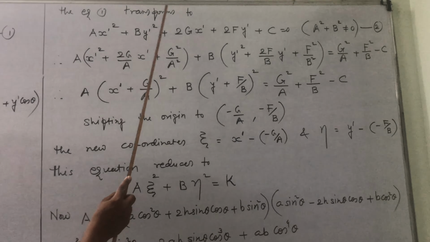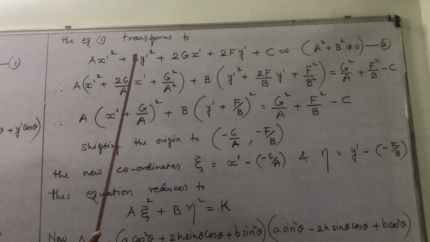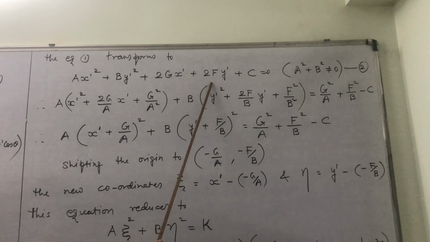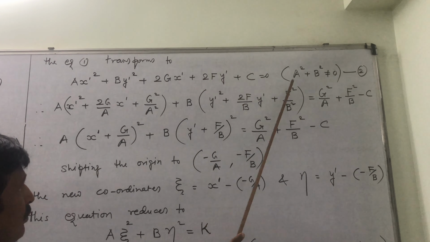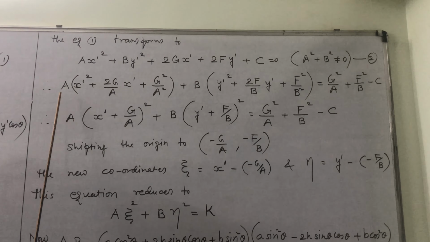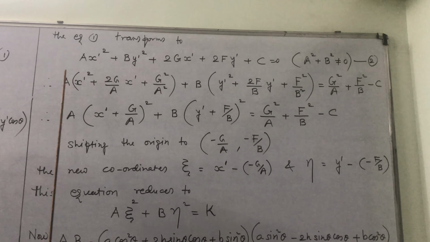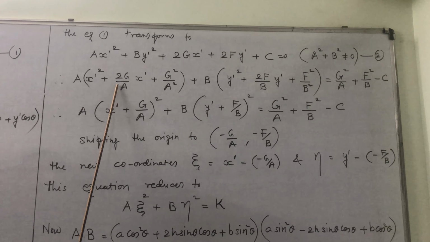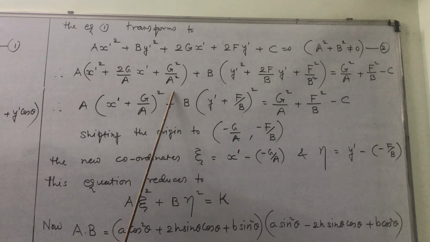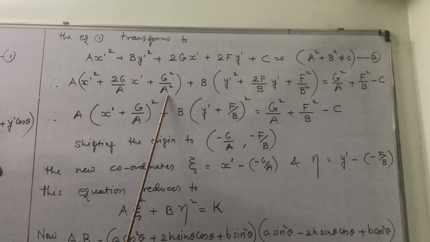Now equation 1 transforms to a x dash square plus b y dash square plus 2g x dash plus 2f y dash plus c equal to 0, where a square plus b square not equal to 0. This is equation number 2. Taking a common: a, x dash square plus 2g by a into x dash, plus the last term, a perfect square, g square by a square, we have added.